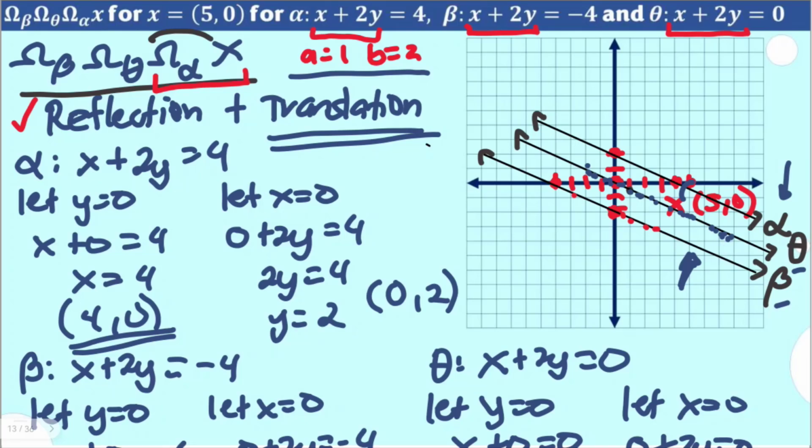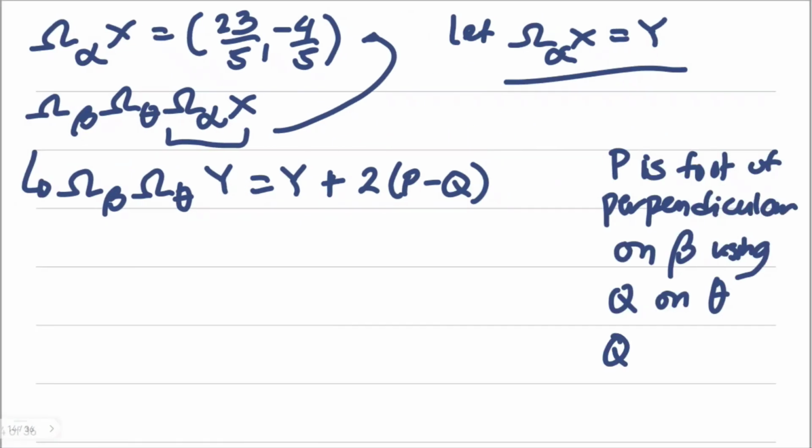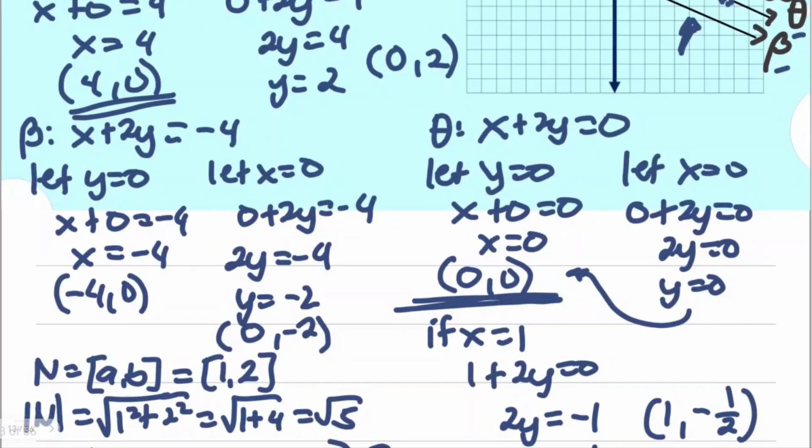To do this, to be consistent with what we did, the first thing we need to do here is to identify the Q. And again, it would be a point on theta. And this time, allow us to use the x-intercept to be consistent. Of course, that's also the y-intercept, so it doesn't matter as long as we choose that. And at the same time, you would see it's a combination of two zeros.